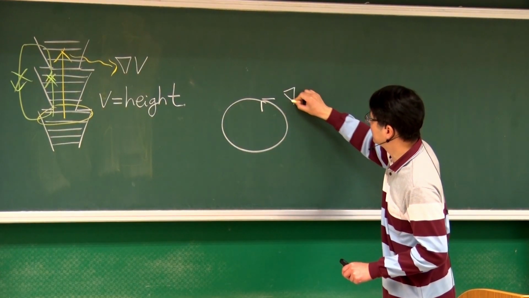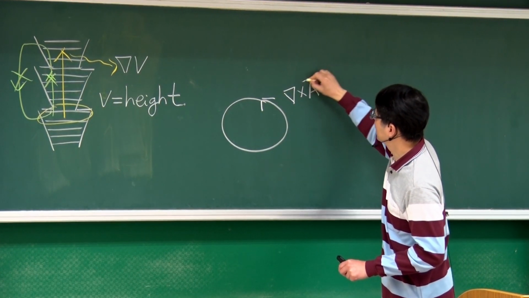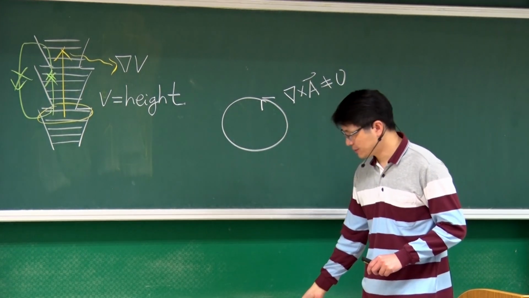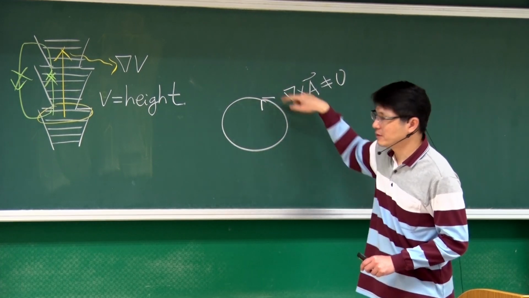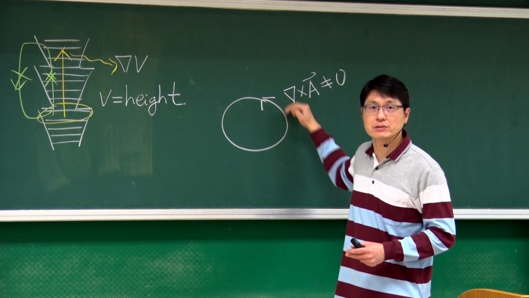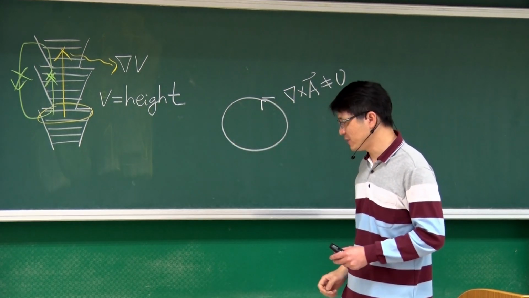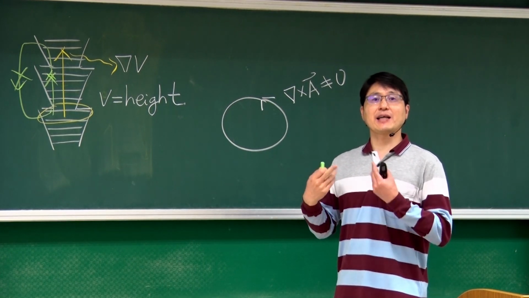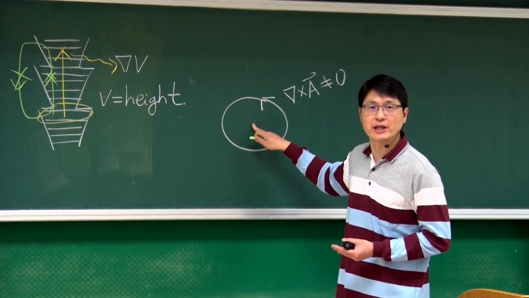So this curl of A is not equal to 0, right? Your curl of A is not equal to 0 means you have a circulating field, right? You have a circulating field, but now you're asking me to evaluate the divergence of this circulating field.